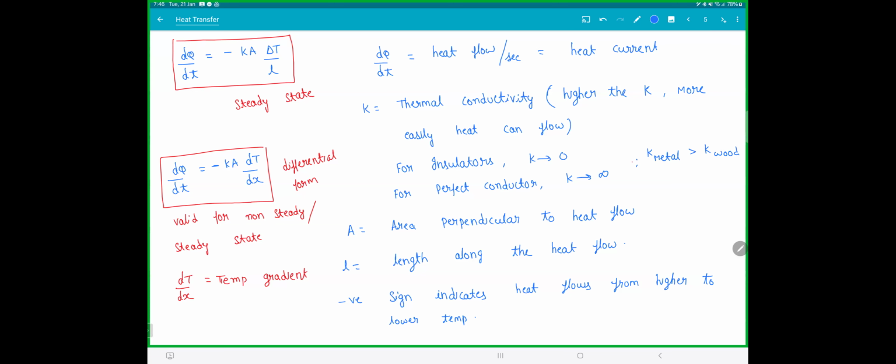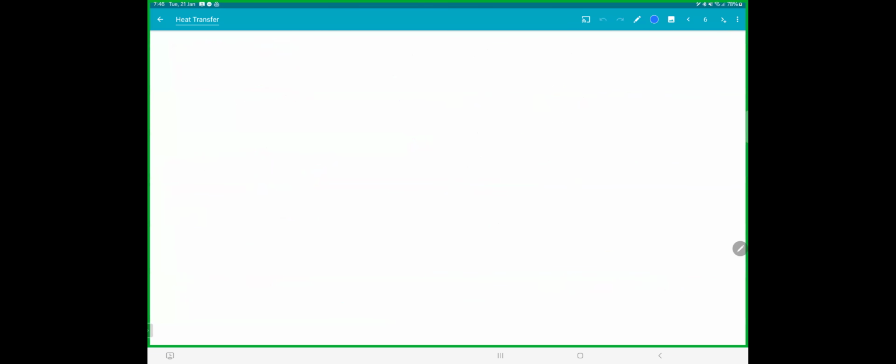Now, next thing, comparison with Ohm's law.